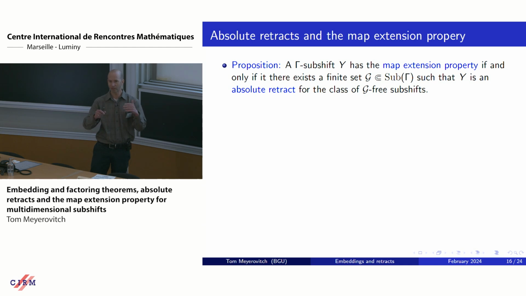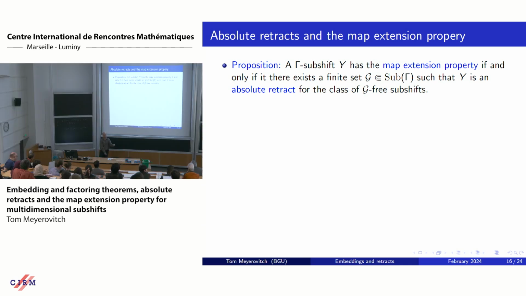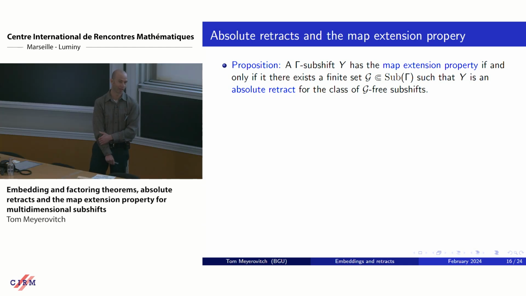So you consider all the subshifts which don't have a fixed point and don't have a point with stabilizer equal to or containing some fixed subgroup, and then you're absolute for them. And it turns out to be equivalent to being a retract of one specific subshift, or there are many choices of subshift which don't have these points. These are the restrictions you make. There's no point which is fixed, it's not exactly that, but you make some compactness condition that forbids this.